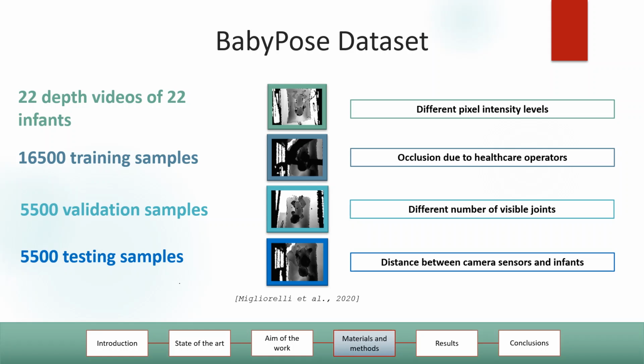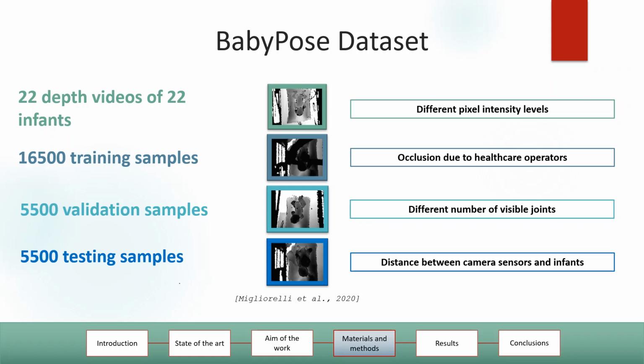For each video, 1,000 frames were annotated, and the annotation was manually obtained every 5 frames. The frames of each infant were used in the training, validation, and testing phases. 60,500 samples composed the training set, while 5,500 samples composed the validation and testing sets.